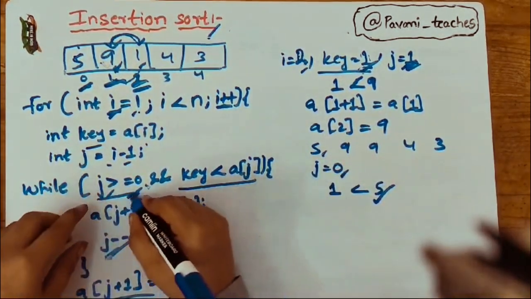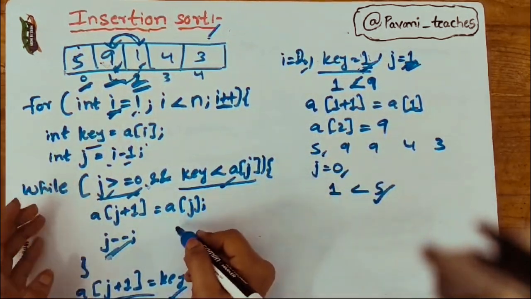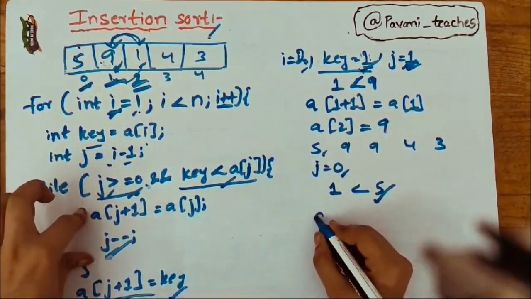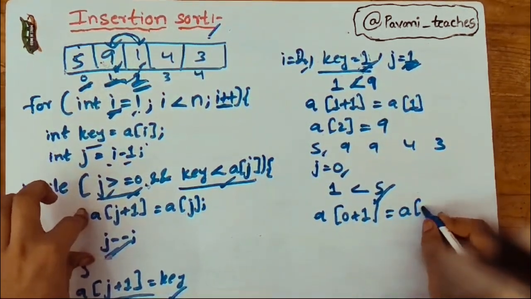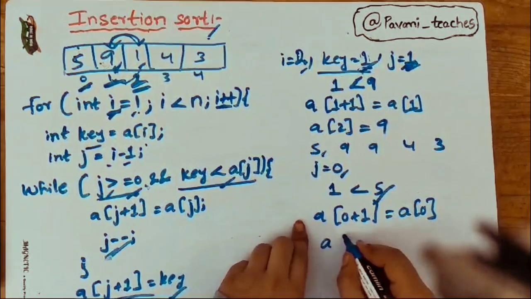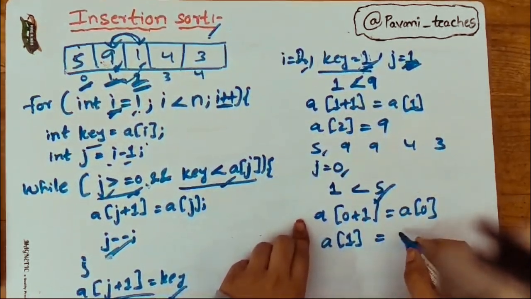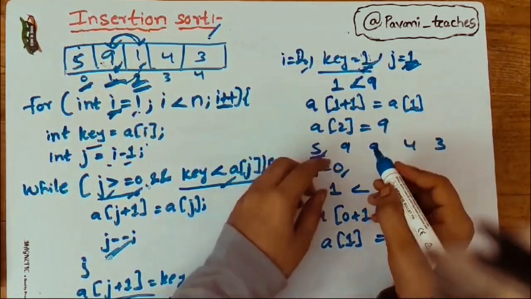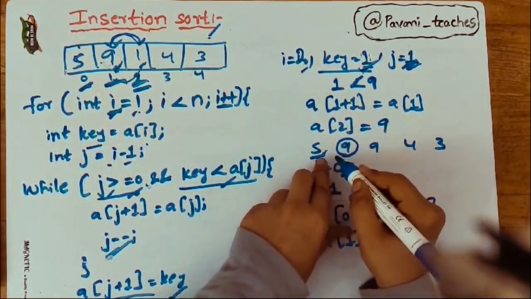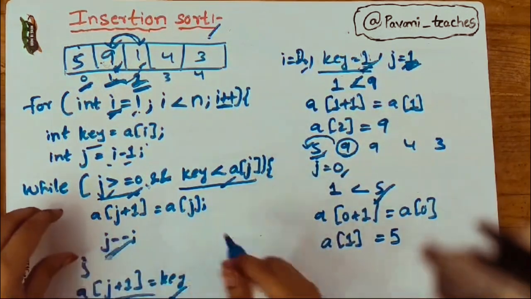As these two conditions are true, it will go inside this while loop and perform this, which is a of 0 plus 1 is equal to a of 0. Okay, that means a of 1 is equal to a of 0, here 5. So we are replacing a of 1, this 9 value, with 5 by this condition.